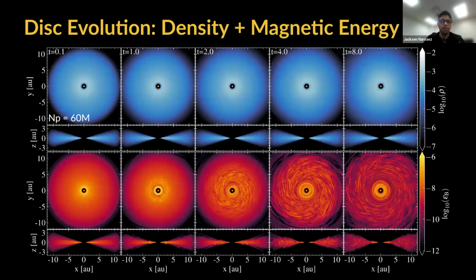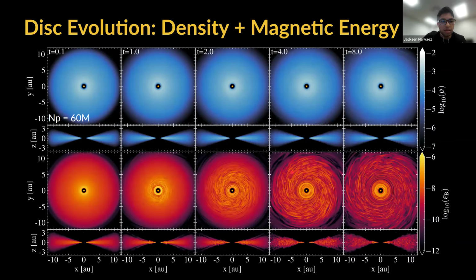And indeed, if we see the evolution of the disk, here the density and the magnetic energy density, we observe the production of magnetic turbulence. First in the inner regions of the disk and then in the outer regions. And at around 4 or 5 outer orbits, we observe that the full disk becomes unstable, becomes turbulent.